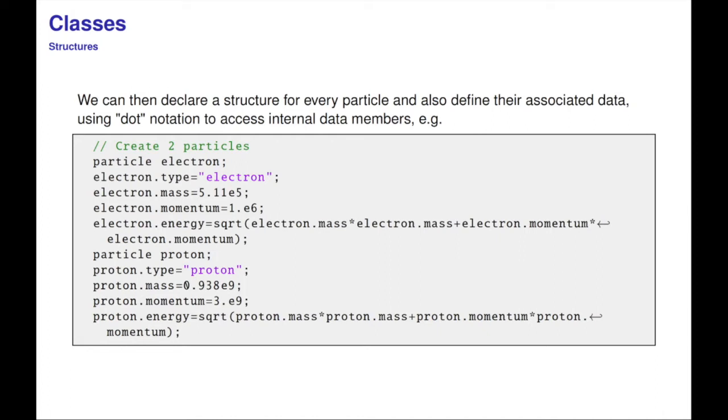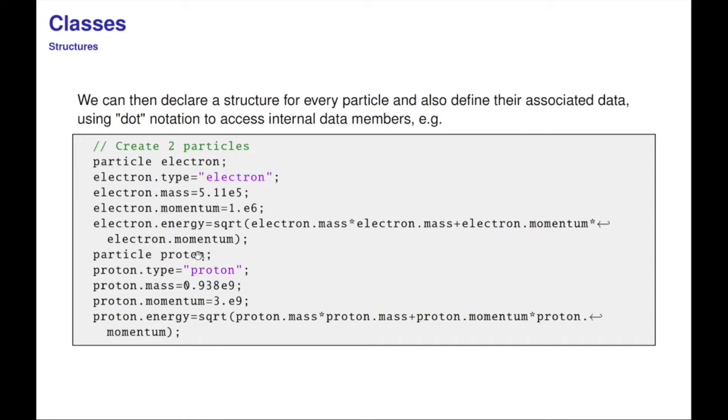I can then use this to define for every particle their associated data. So I could have a particle which is an electron. The electron.type is the string "electron". The electron.mass is 5.11 times 10 to the 5th. The momentum, for example, could be 1 GeV, 1 times 10 to the 6th. The energy, which is in some sense a superfluous variable, can just be calculated from the mass and the momentum.